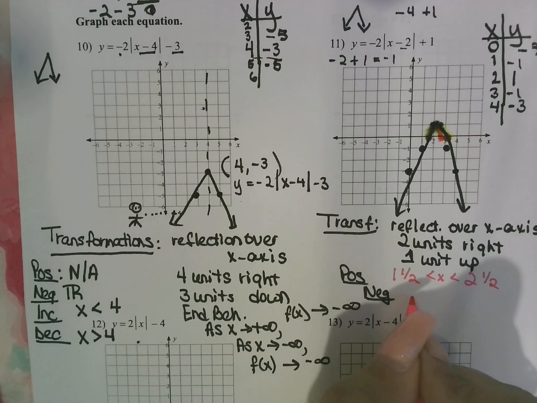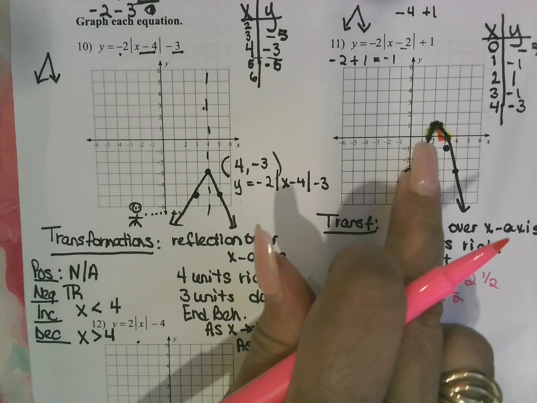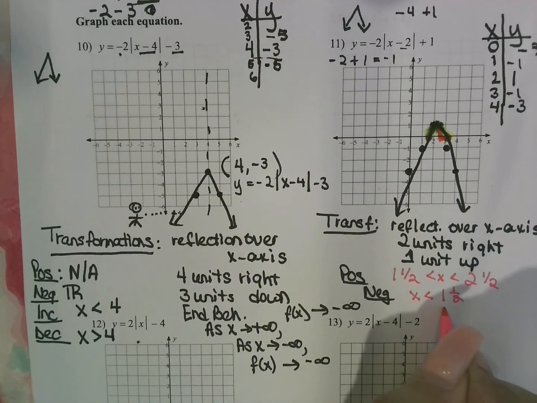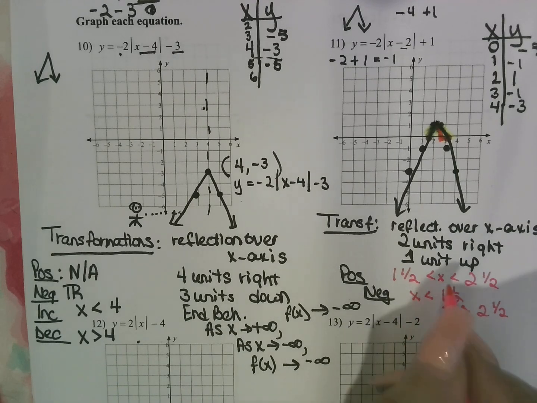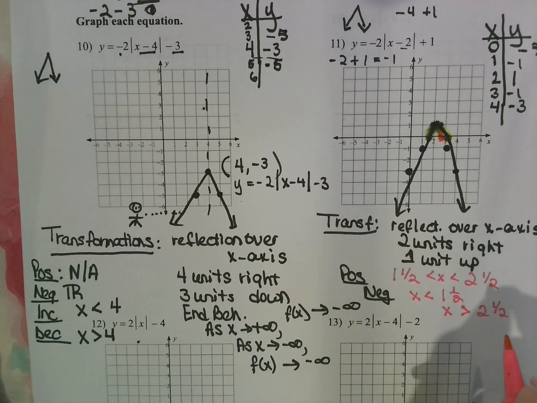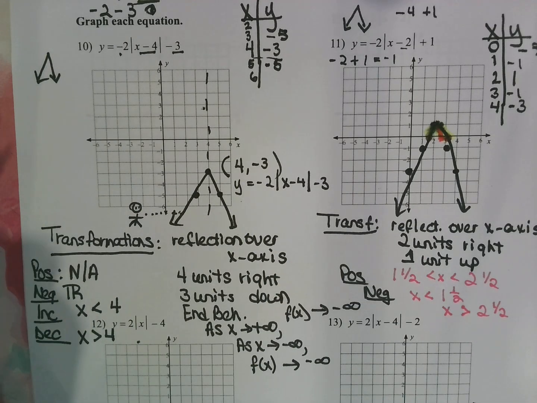It's going to be negative when x is less than 1 and 1/2, right? This part down here, and when x is greater than 2 1/2. So the negative part has two parts to it. And the only thing that makes this a little difficult is that these are fractions, but other than that, not a terrible thing. So that's where they're positive and that's where they're negative.